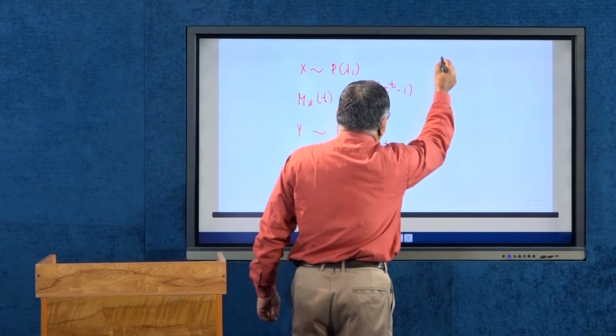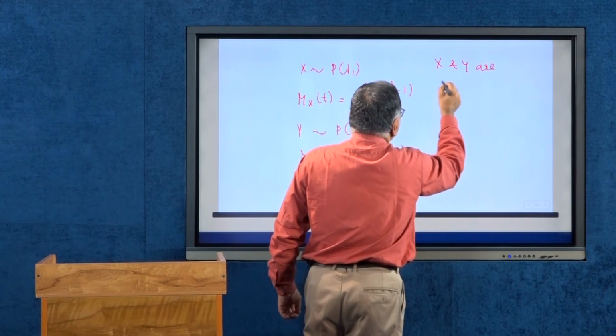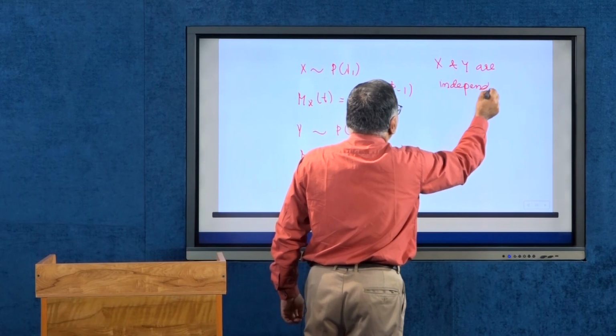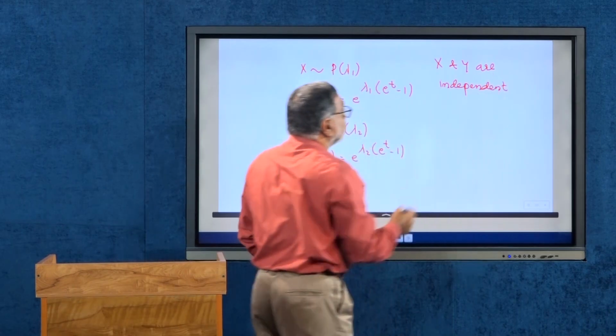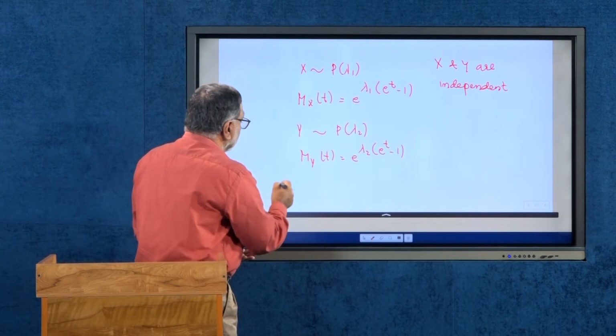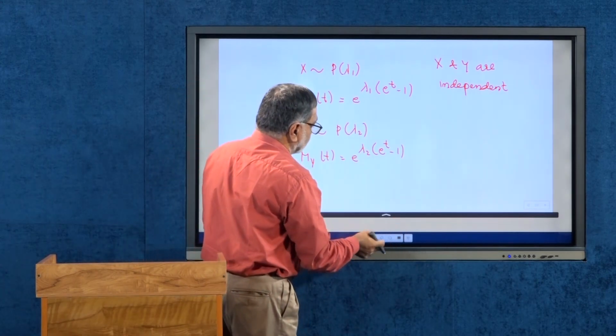Remember, X and Y are given as independent. X and Y are independent random variables.